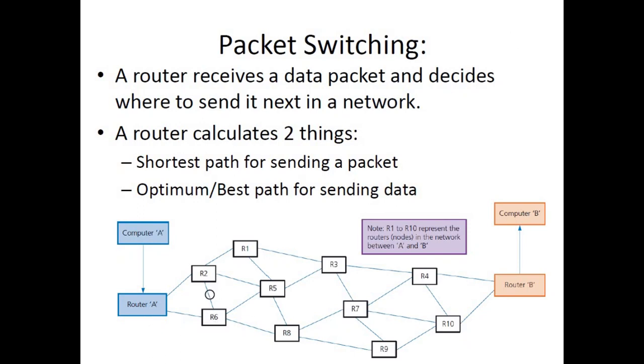For example, if we have to send a message from A to B, what can be the shortest path? 1, 2, 3, 4, 5. This has to go through 5 routers, and if we go like this, 1, 2, 3, 4, that can be the shortest path.